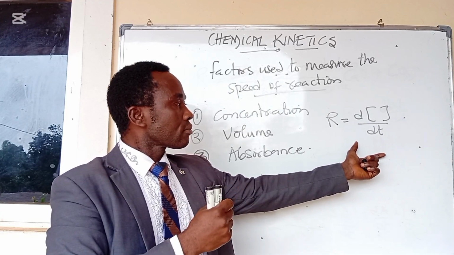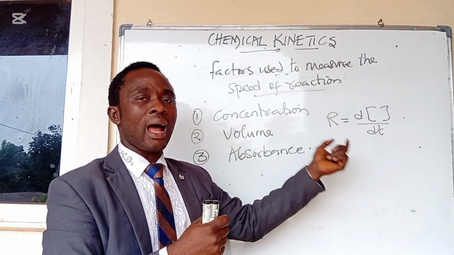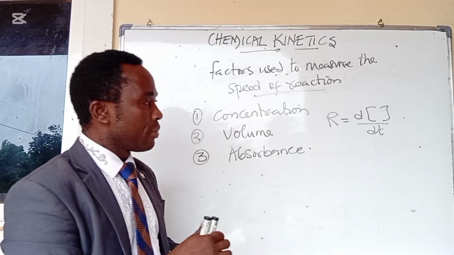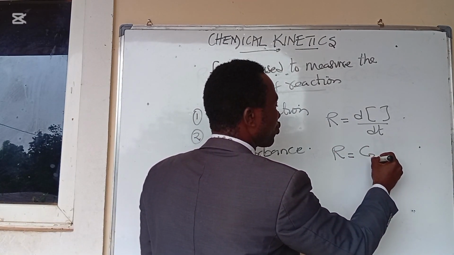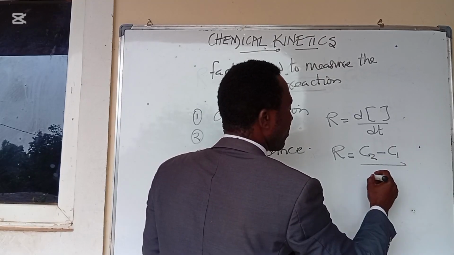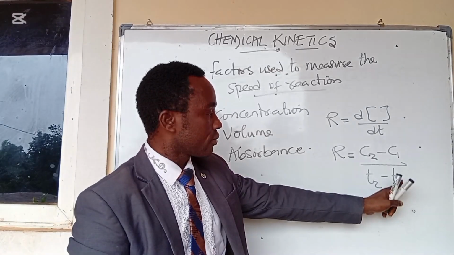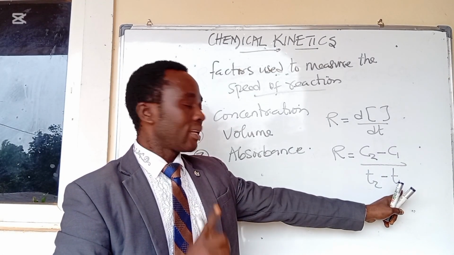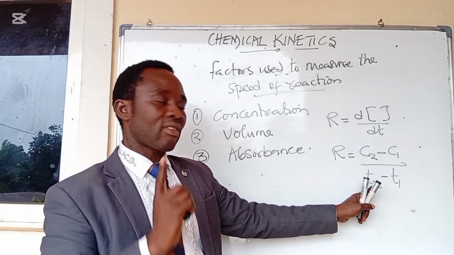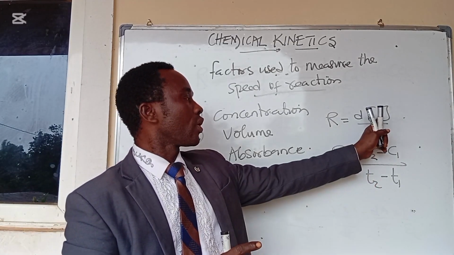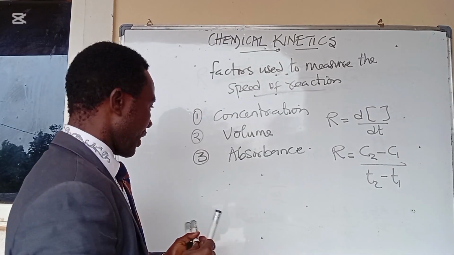So if I measure the concentration at time 1 and I measure the concentration at time 2, it simply means that my rate will become equal to concentration 2 minus concentration 1 divided by time 2 minus time 1. So the concentration at time 1 is taken and the time is noted. Concentration at time 2 is taken and also the time is taken. So when I do change in concentration over change in time, that will give me the rate of the reaction.